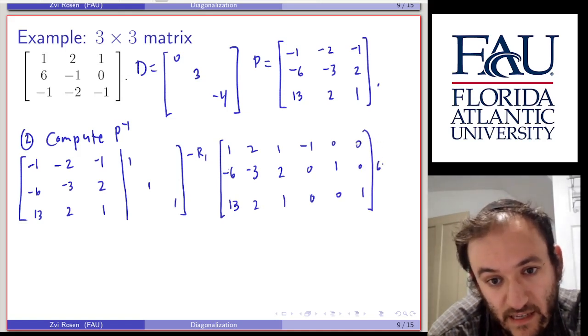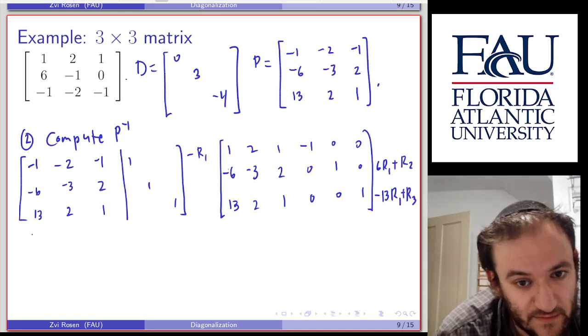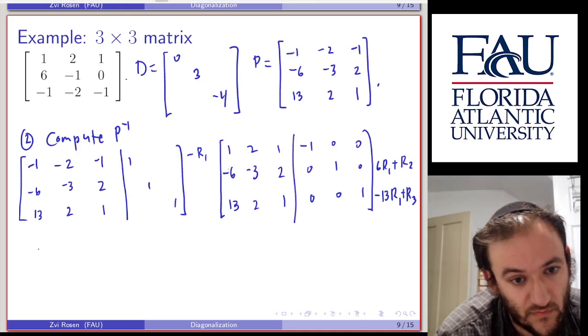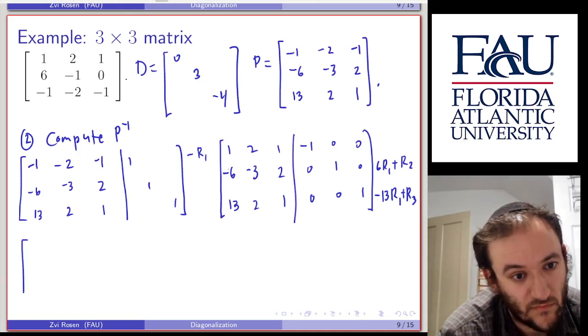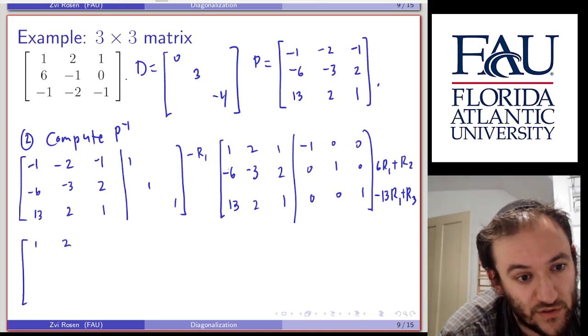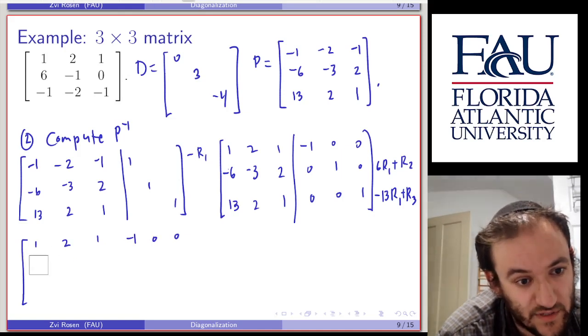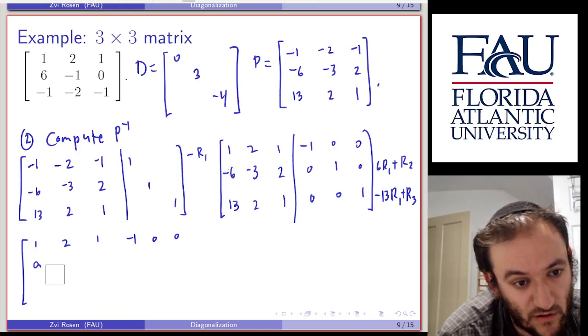Now we're going to add 6 row 1 to row 2, and minus 13 row 1 to row 3. And that gives us 1, 2, 1, minus 1, 0, 0. So 6 minus 6 is 0.